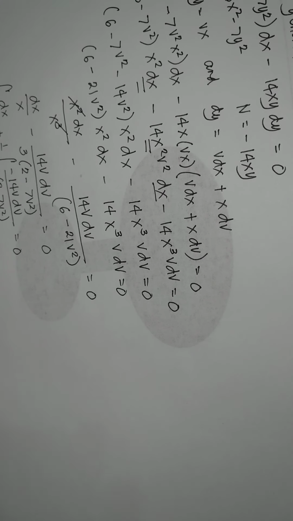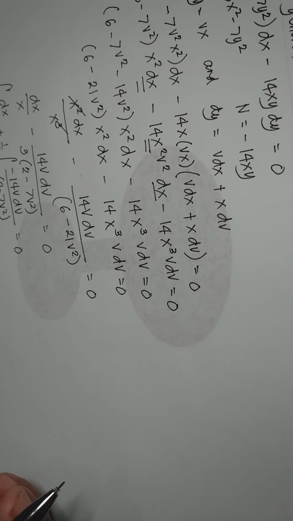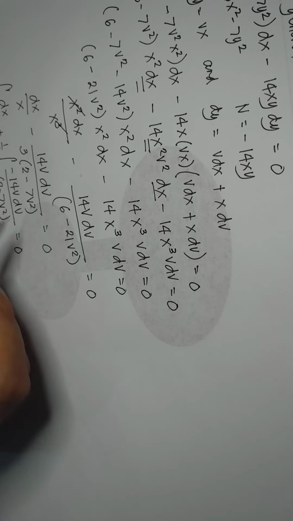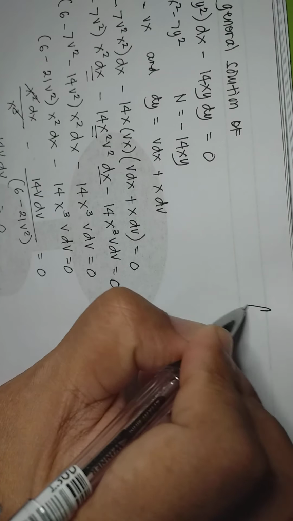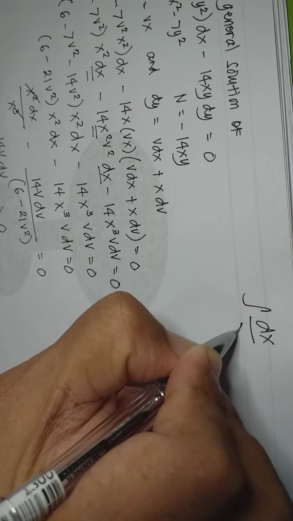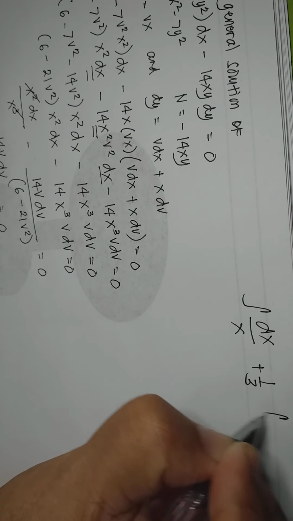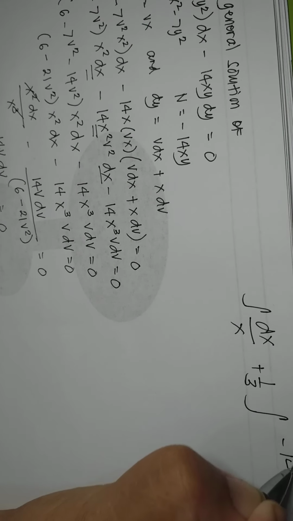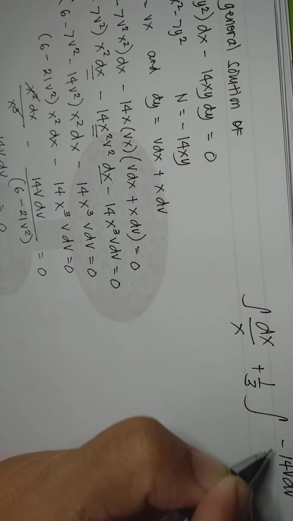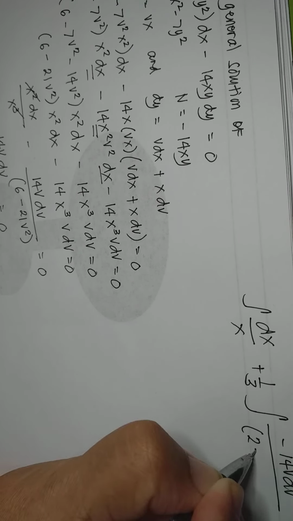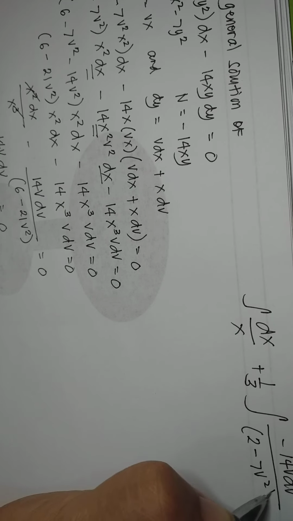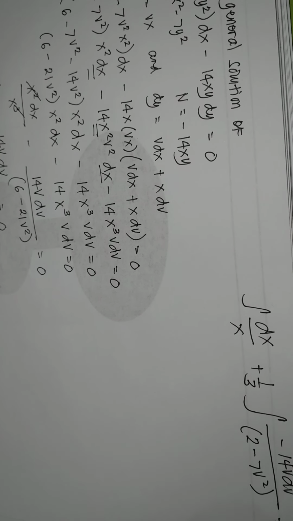So we have the right du in this term in the equation. So we have to integrate now. Integrating dx over x plus 1/3 the integral of negative 14v dv over 2 minus 7v squared is equal to c.